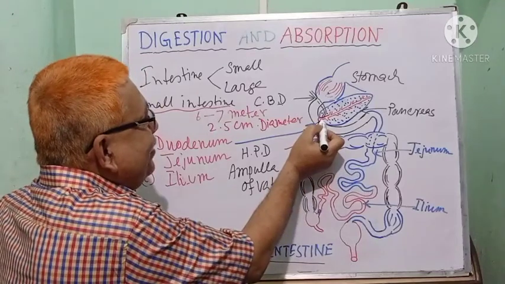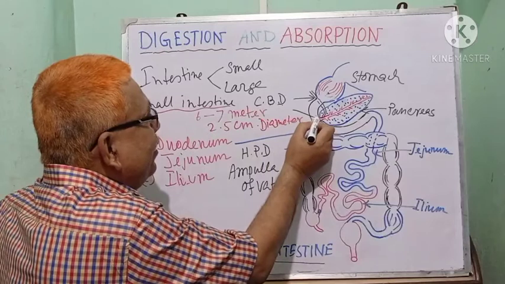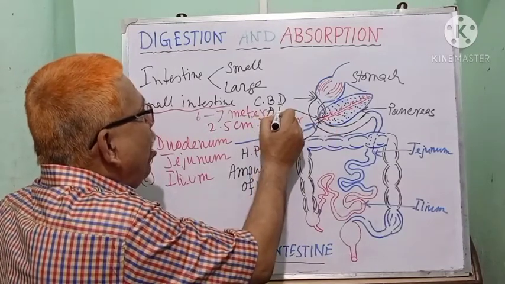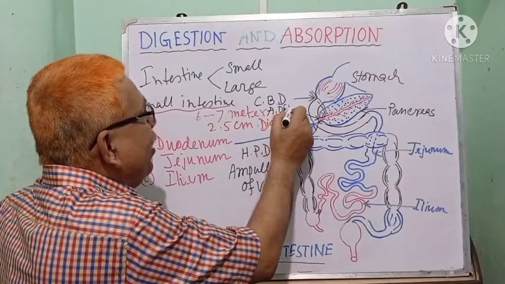This rod-shaped structure is called the ampulla of Vater.